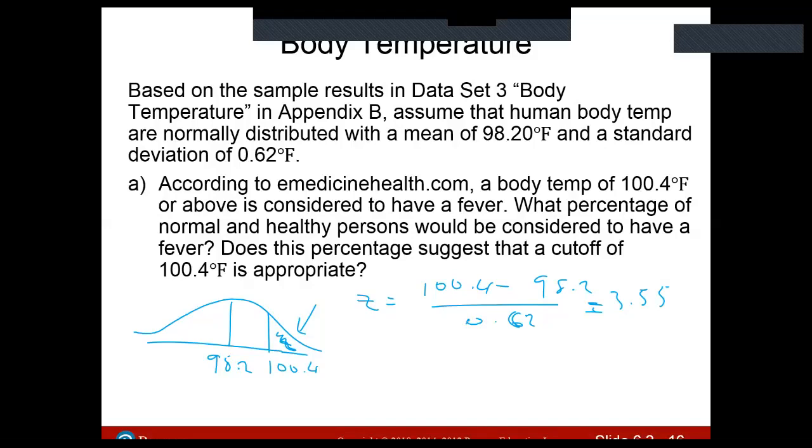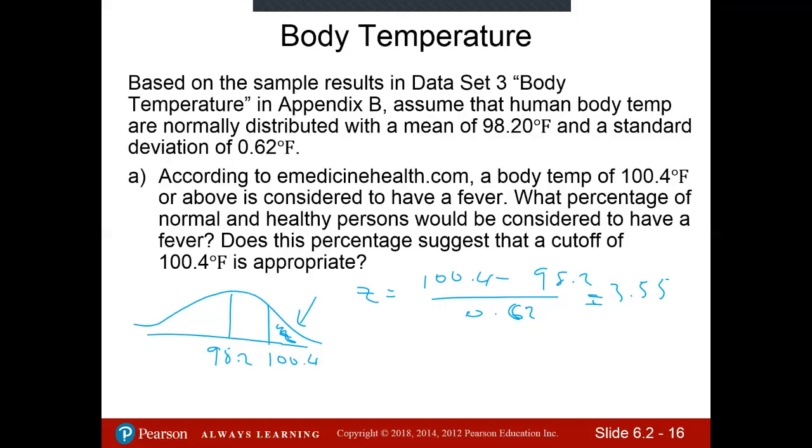Okay, so now let's go back to our PowerPoint and respond to that. The question is, the probability that Z is less than or equal to 3.55 is 0.9999.